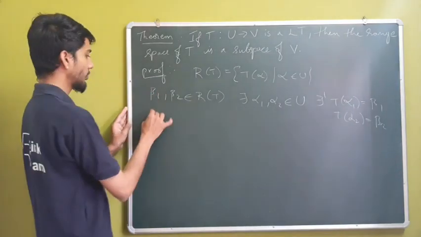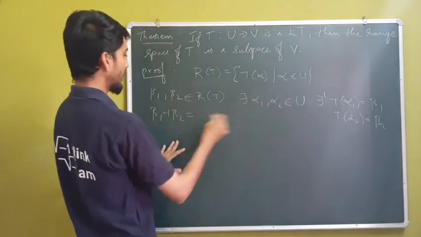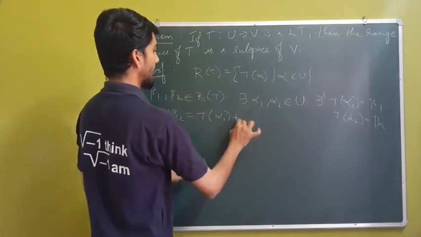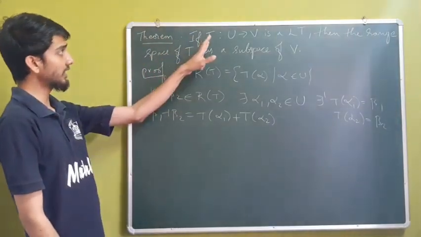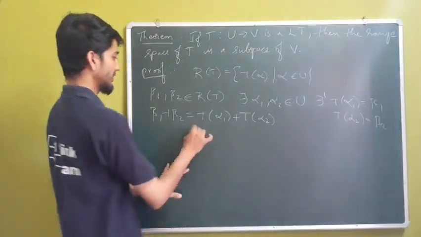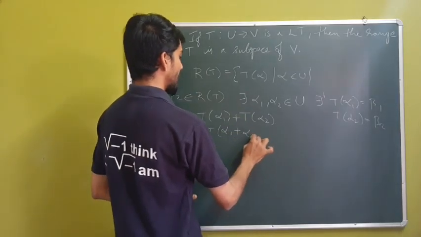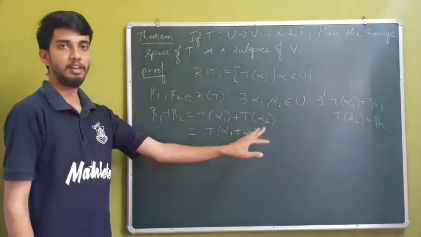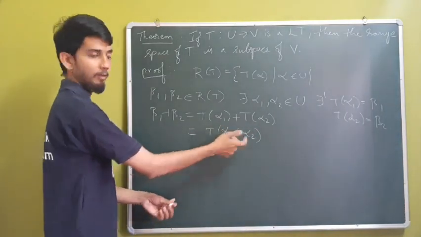Now I will add these two elements, say beta 1 plus beta 2, which is nothing but T of alpha 1 plus T of alpha 2. Since given that T is a linear transformation, T of alpha 1 plus T of alpha 2 is same as T of alpha 1 plus alpha 2. And you have to see that this is nothing but in the form of T of alpha.